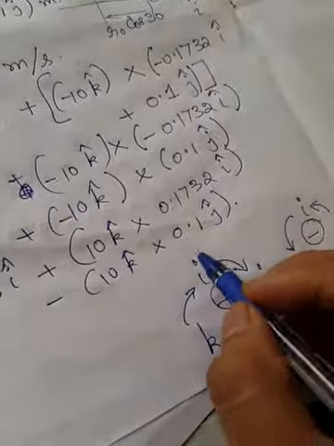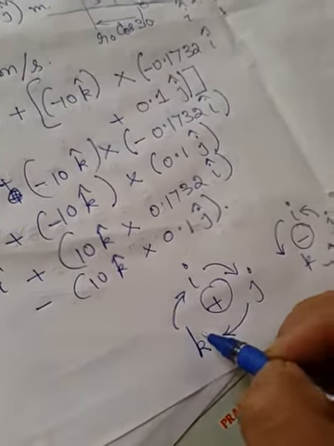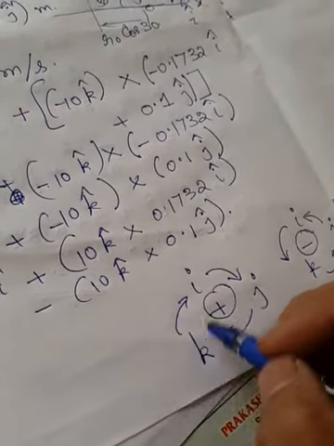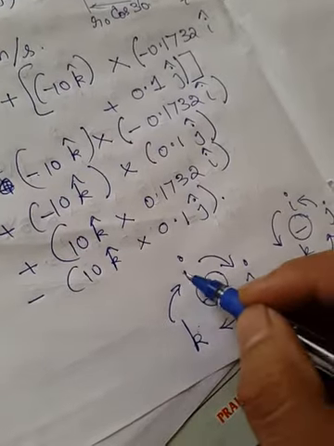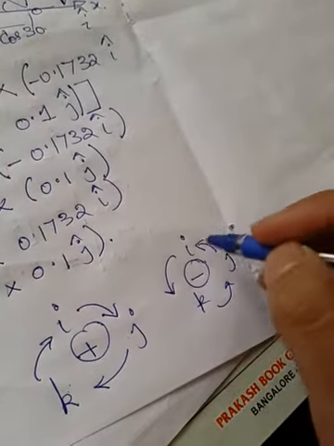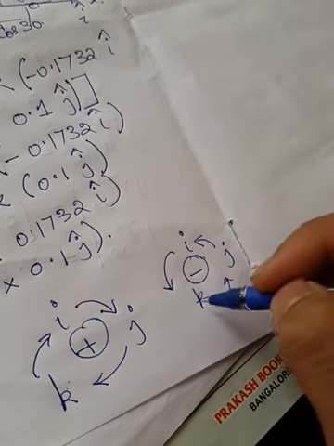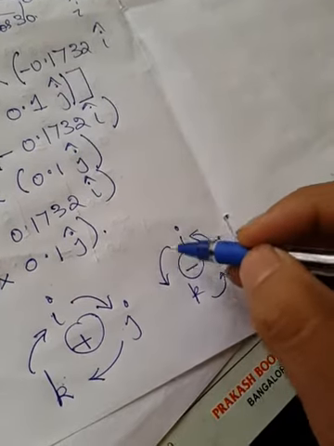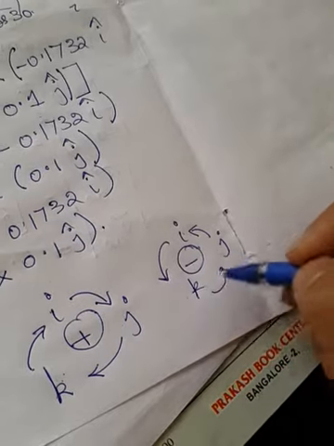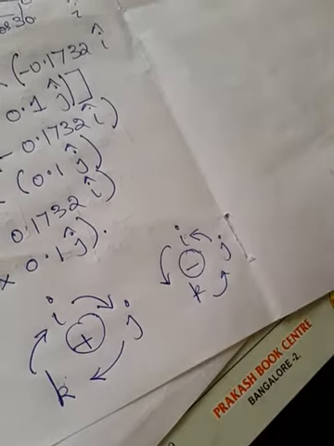What I mean is i cross j is plus k, j cross k is plus i, k cross i is plus j. Here j cross i is minus k, i cross k is minus j, k cross j is minus i.